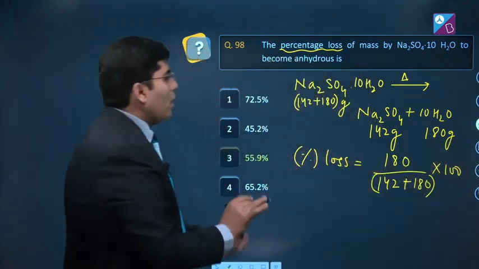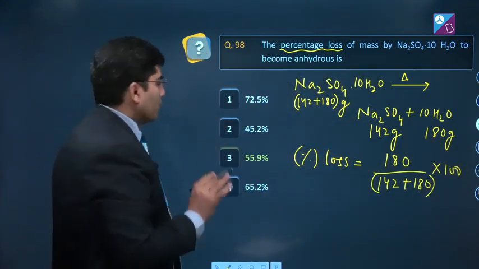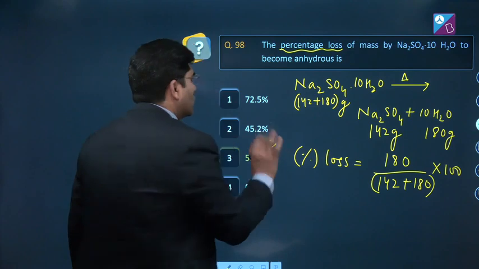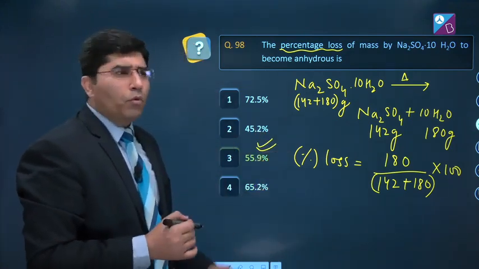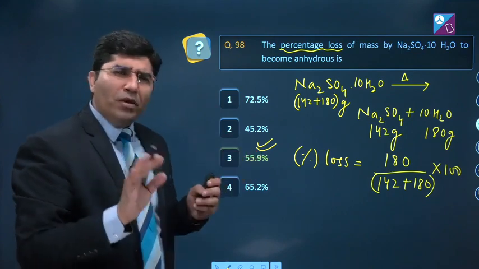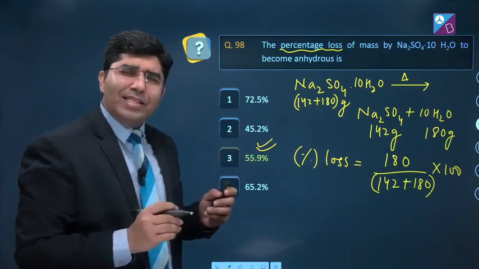So this will be the loss percentage, right? And when you will solve it, you will get this 55.9%. This is the answer.